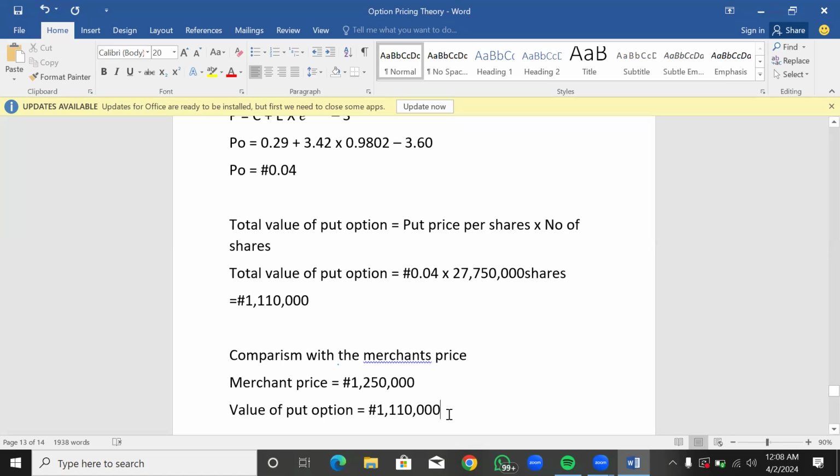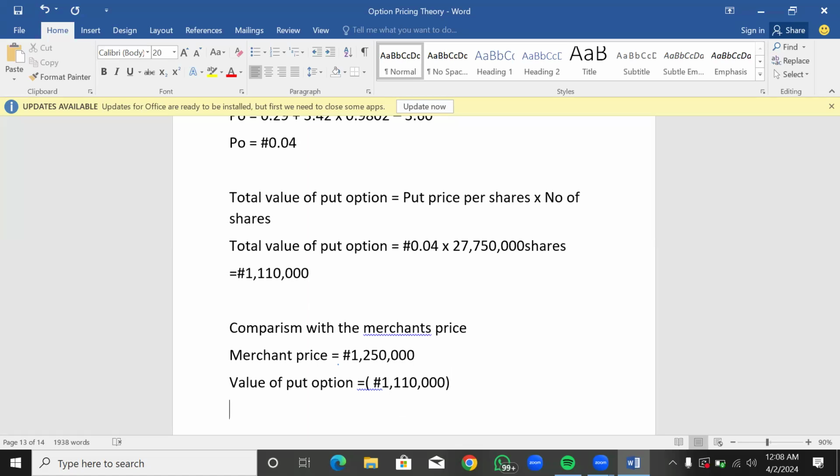So you said it was overpriced. Let me put this in brackets.